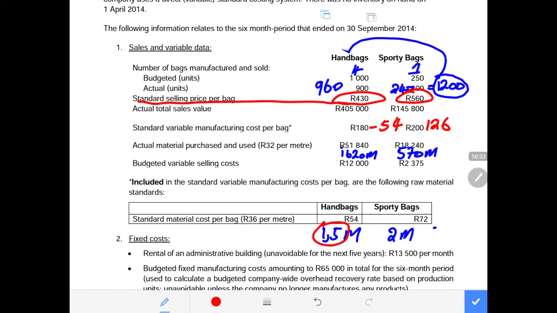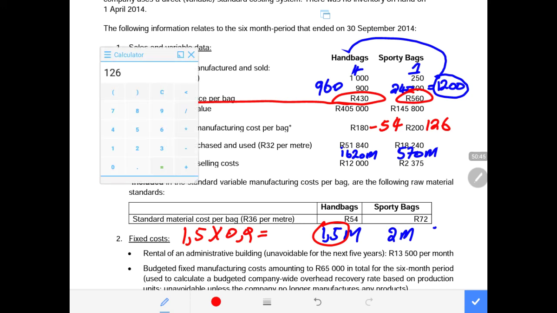Remember, 1.5 must decrease by 10%, so it will be 1.5 times 0.90. You can decrease any number by 10% in any way that you want to do. So it will be 1.5 times 0.90, reducing it by 10%. We are left with 1.35.